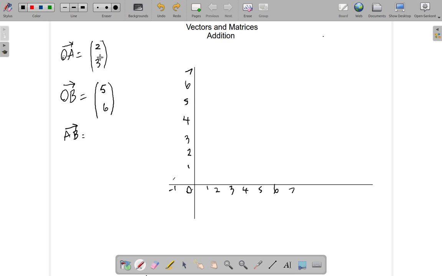I know that the X value goes as far as 5 and the Y value goes as far as 6, so I don't think I'll run out of space.